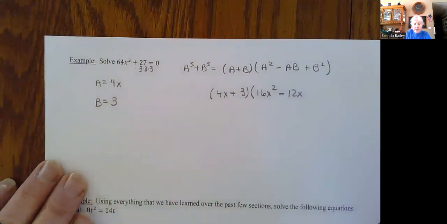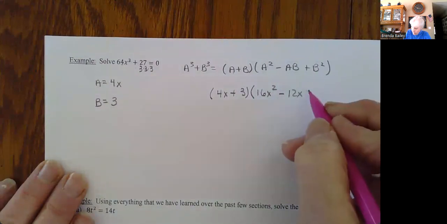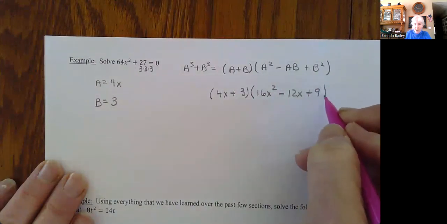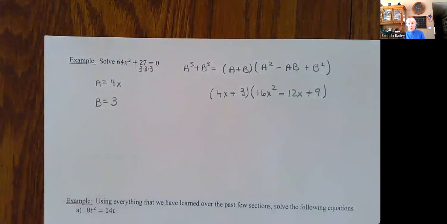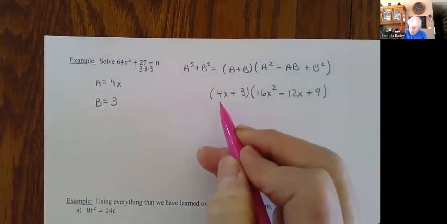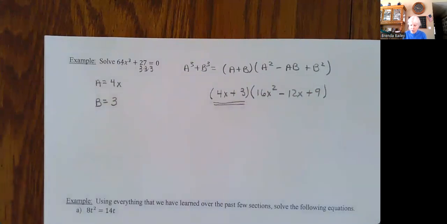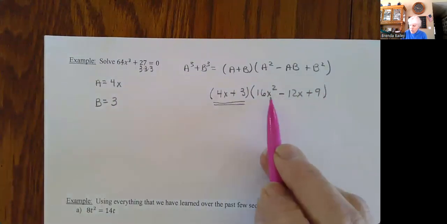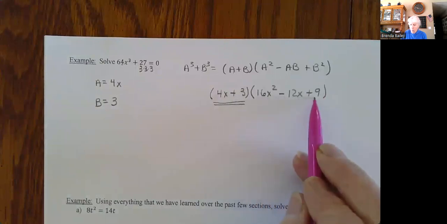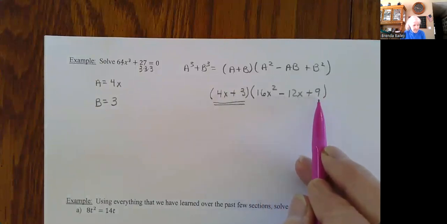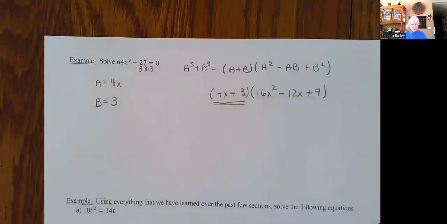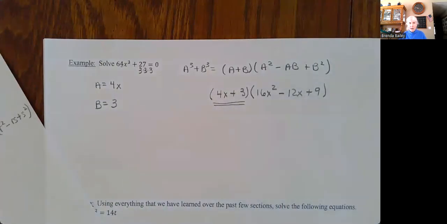And then plus B squared, which is 9. So the only one that will be 0 will be this first one right here. We're going to look at solving this and what the solutions look like and why for this one later. But otherwise, we're just going to look at.